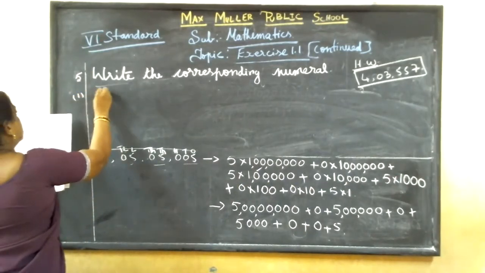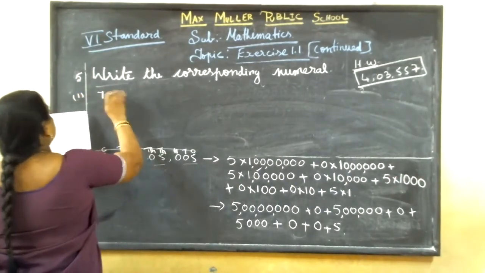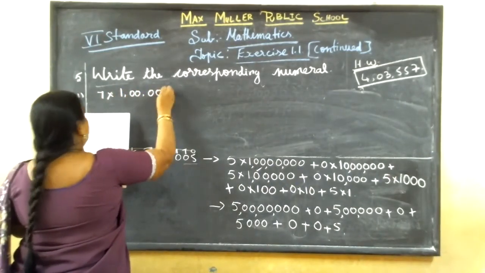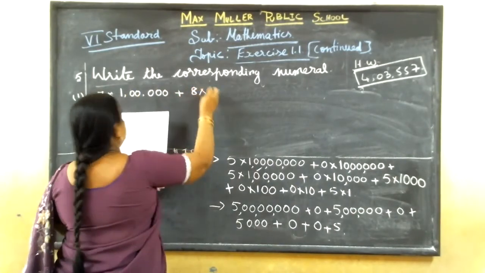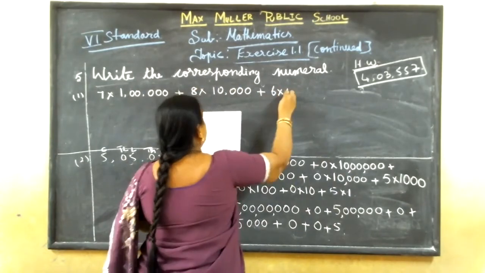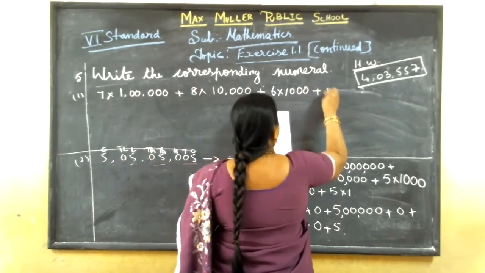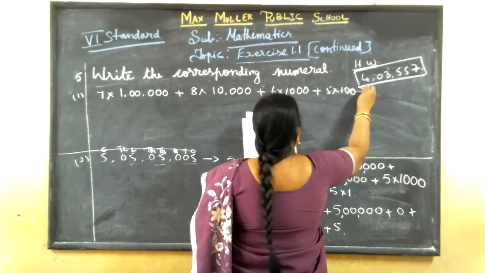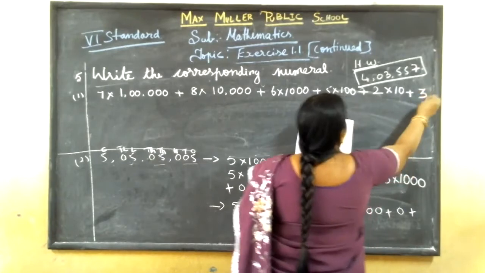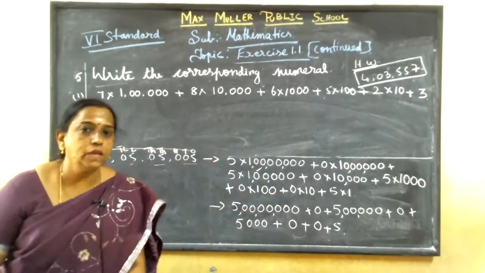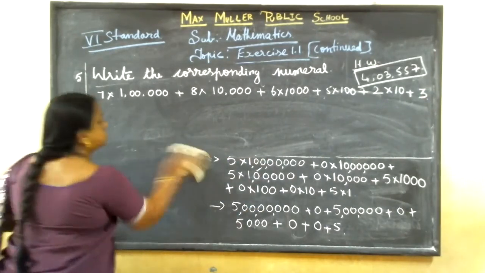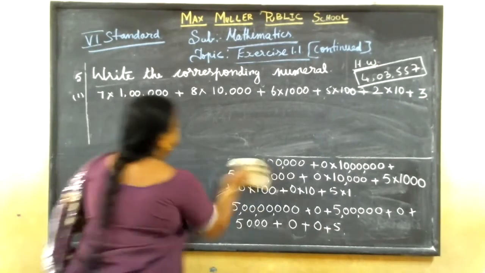First question: 7 into 1 lakh plus 8 into 10,000 plus 6 into 1000 plus 5 into 100 plus 2 into 10 plus 3. This is the question. I think you all copied this, so I'm going to rub this one also. Then I'll explain that one.